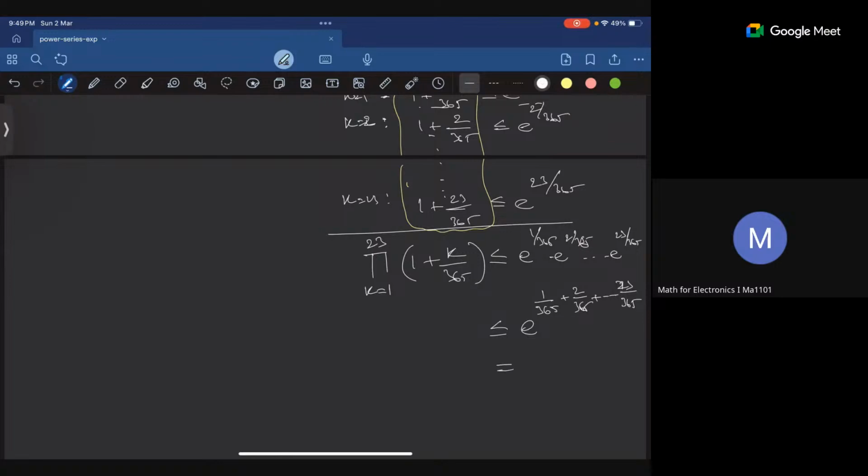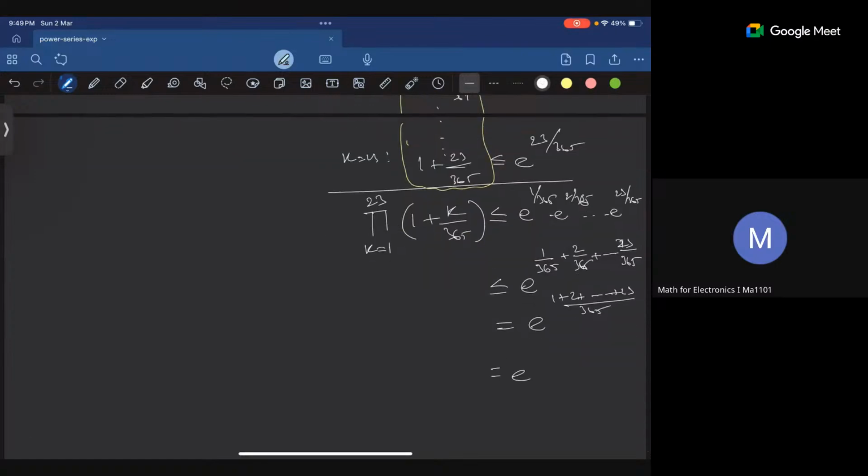Now this will be equal to e power 1 plus 2 plus and so on 23 divided by 365. So you just have to add the first 23 natural numbers, and you use the formula n into n plus 1 by 2, 23 into 24 by 2 into 365.